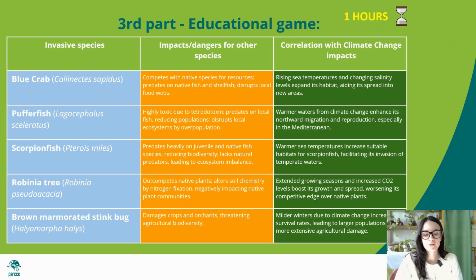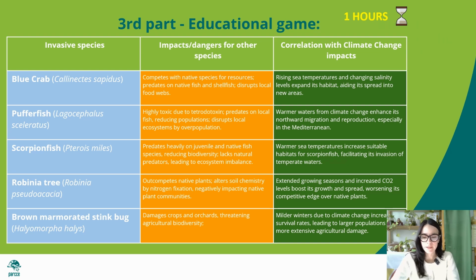The third part is the setting of an educational game, which should last 1 hour. To make things even more attractive, you will play a matching game to deepen your understanding of how invasive species affect ecosystems.